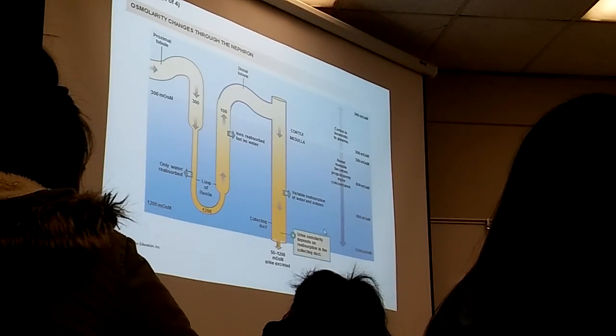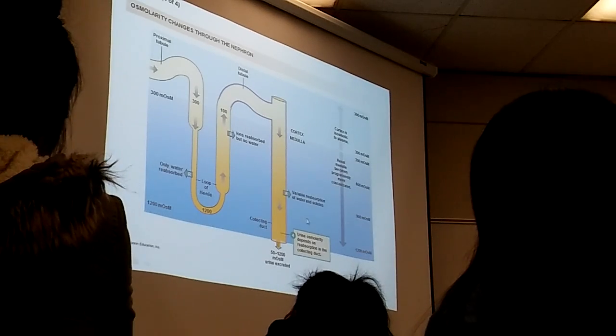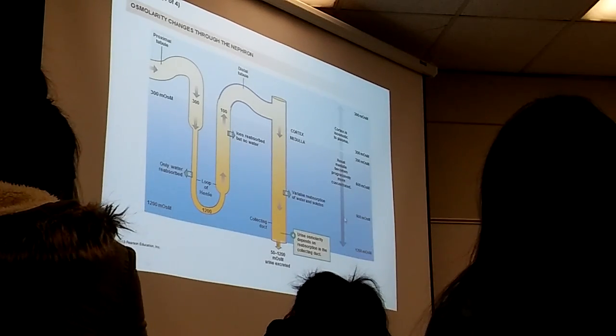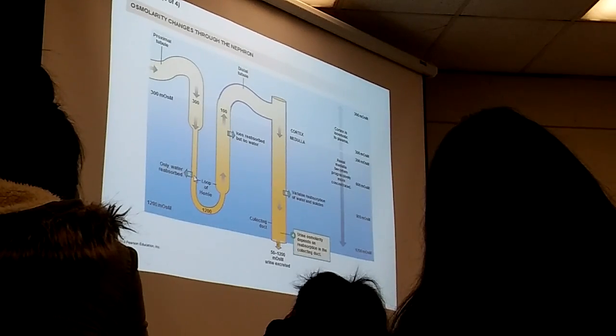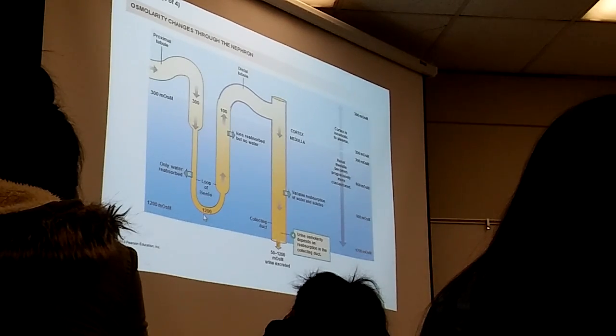We're going to set up a sodium, chloride, potassium gradient, also with urea. And this is going to be very, very salty. And so water is going to be pulled out of the descending loop of Henle because of the high osmolality here. And so as the water leaves, the filtrate itself becomes hyperosmotic.